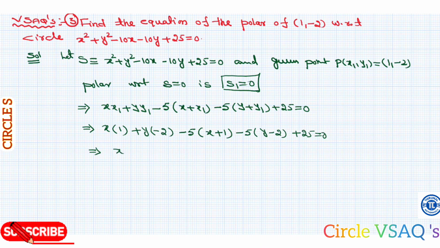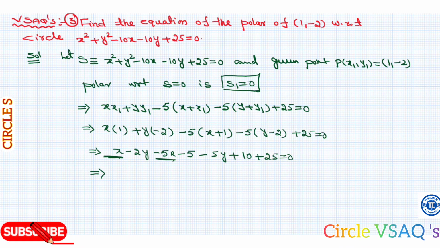Okay, it implies x minus 2y, minus 5 into x is minus 5x, minus 5 into 1 is minus 5. Next, minus 5 into y is minus 5y, minus 5 into minus 2 is plus 10, plus 25 equal to 0. Okay, next, it implies here x minus 5x is minus 4x, and minus 2y minus 5y is minus 7y.